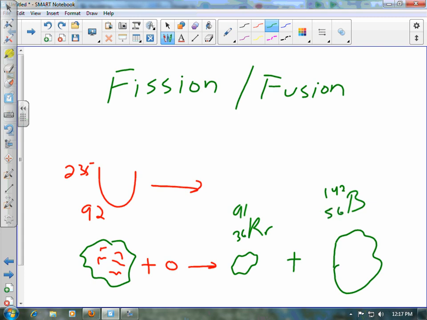And you also get 3 neutrons. So if you have a chunk of uranium and these neutrons come out and start hitting other uranium atoms, you get a chain reaction.